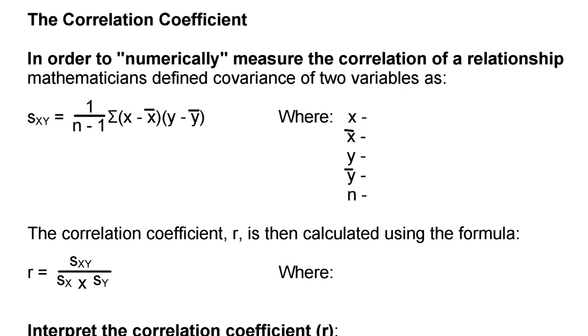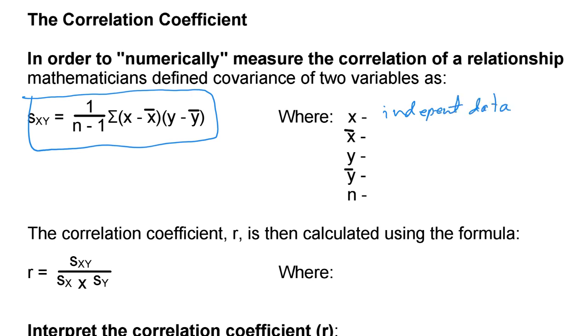Each of those variables, this is called the covariance of two variables, right? So we have the covariance of x and y, where you know the following. Where our variable x is the independent data point, i.e. the x variable, the thing we care about, and y is the dependent data point.